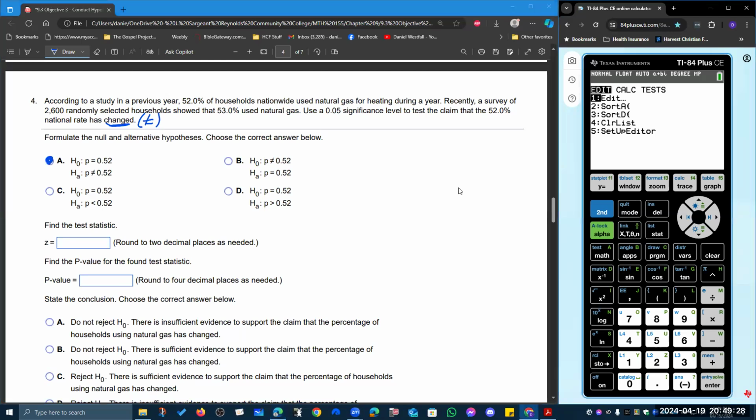So we're going to do two-tailed tests, and we're going to do number 5, and it was 52%, and now it's 53% of the people that we surveyed, which is 2,600 people. That comes out nice and even. And we want a not equal to situation.